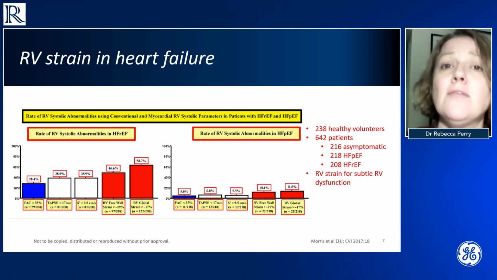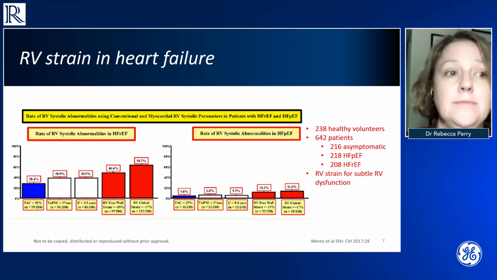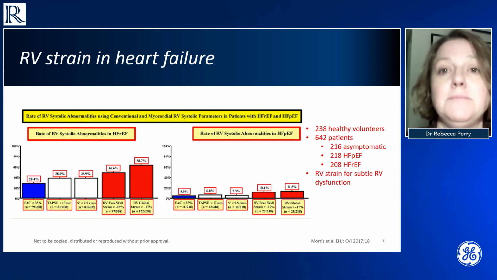So you can see that the right ventricular strain was able to pick up many more abnormalities. This has really important prognostic implications because we know that right ventricular failure is a predictor of morbidity and mortality in patients with left heart failure. Furthermore, in this study, right ventricular global and free wall strain were significantly linked to the symptomatic status of the patient.